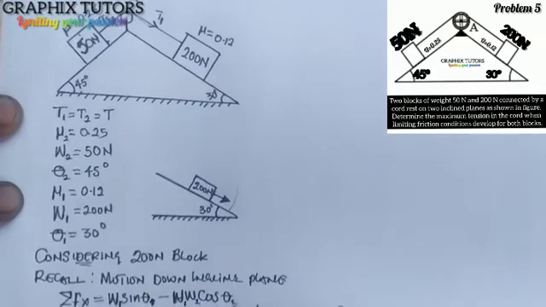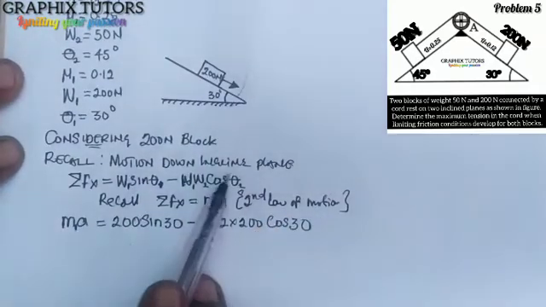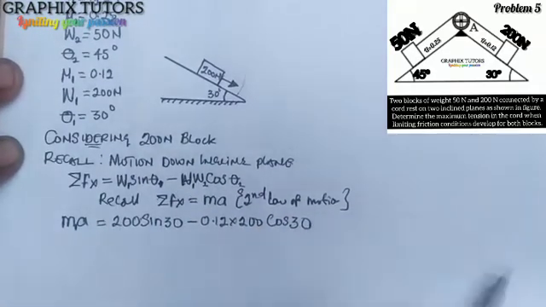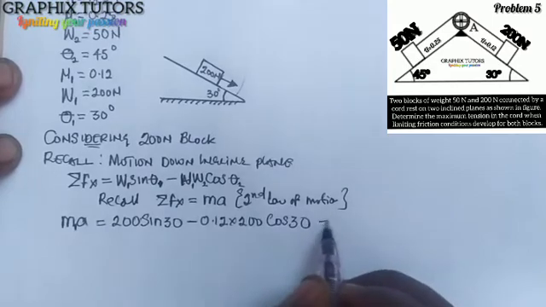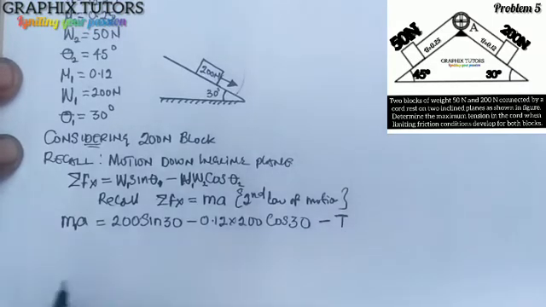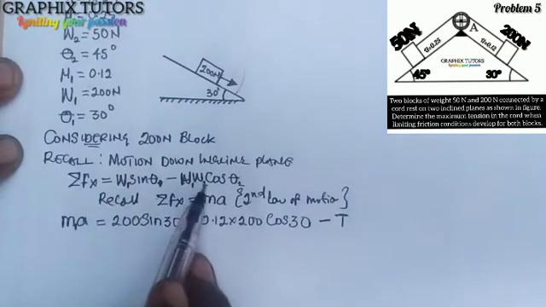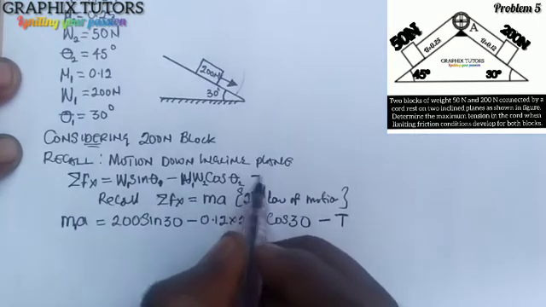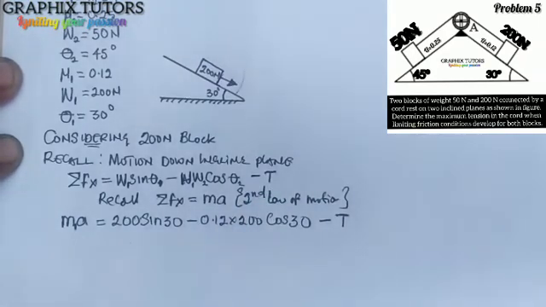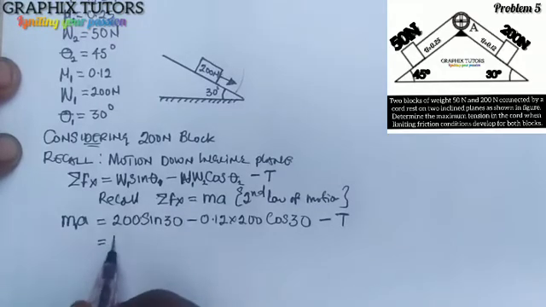And what is the force going downward? It is everything that you have here. So I'm going to subtract the tension, minus T, from it. Are we together? Now we will move forward. Punching the calculator here, 200 sine 30 gives us 100.